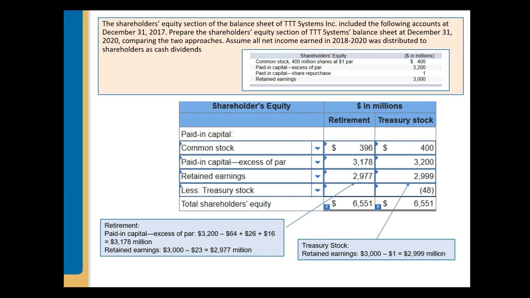Remember, it's a contra account. And our retained earnings would be the $3,000 minus the 1, which gives us the $2,999,000 in the retained earnings balance utilizing treasury stock.